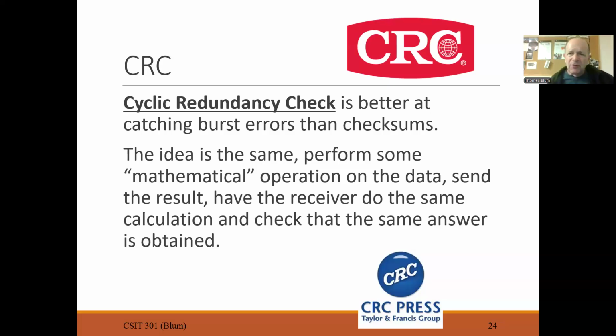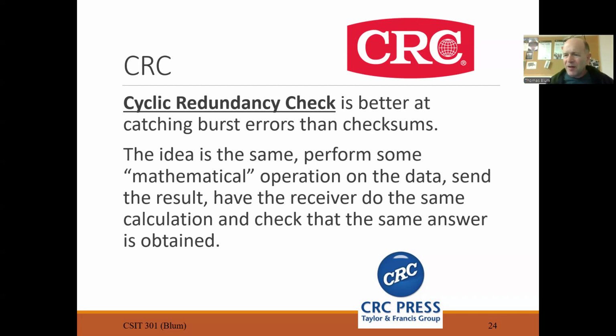In this video, we're going to continue our discussion of error detection, and we're going to consider the cyclic redundancy check. It is different from the checksum. In some sense, all of these error detection schemes have a similar idea: you have data, you perform some kind of operation on it.